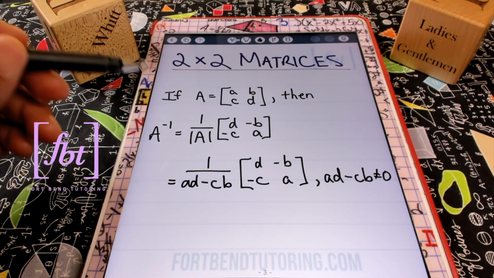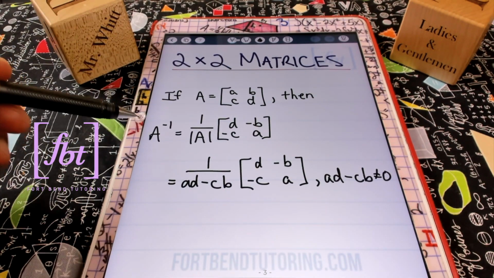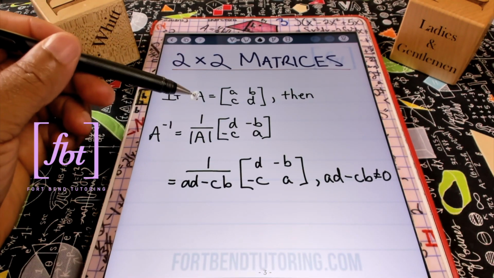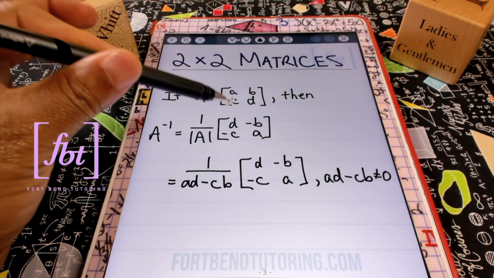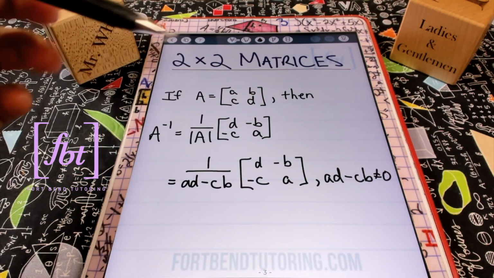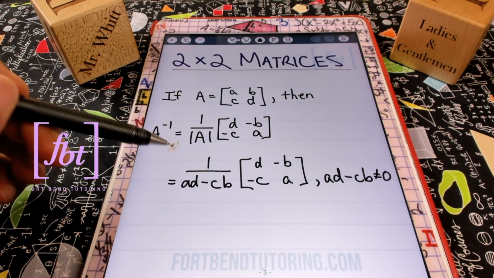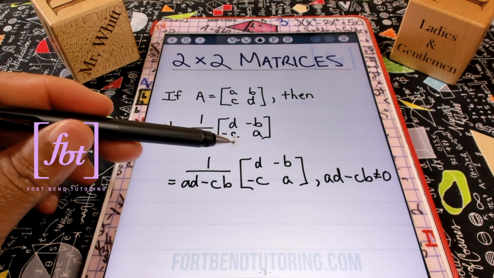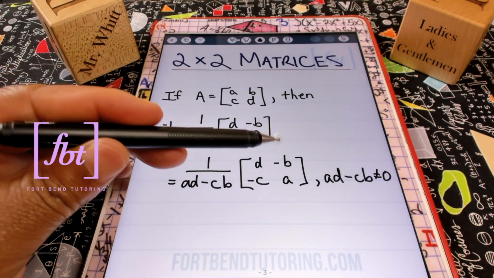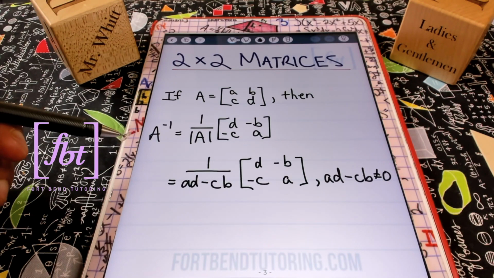It says that if A equals the elements A, B, C, and D, then the inverse of the matrix is equivalent to 1 divided by the determinant of A times the matrix with elements D, negative B, negative C, and A. Or you can simplify that further by showing that it's 1 divided by the product of A and D minus the product of C and B times that same matrix with elements D, negative B, negative C, and A, as long as AD minus CB does not equal 0.